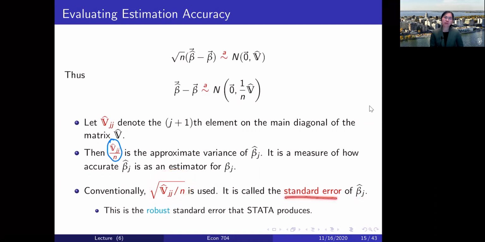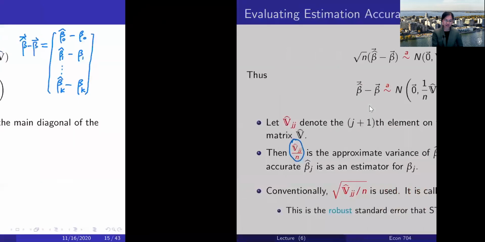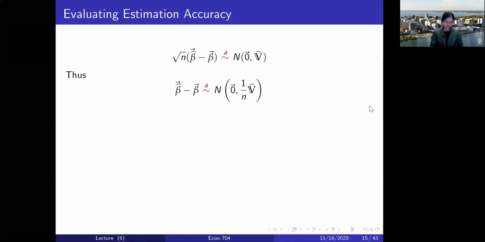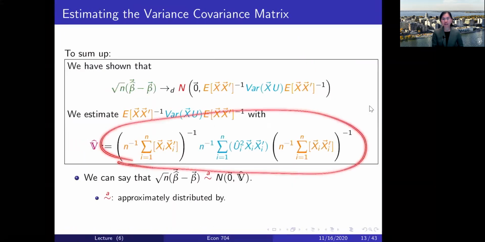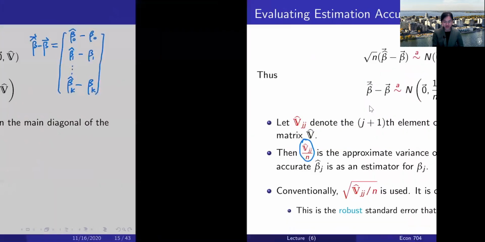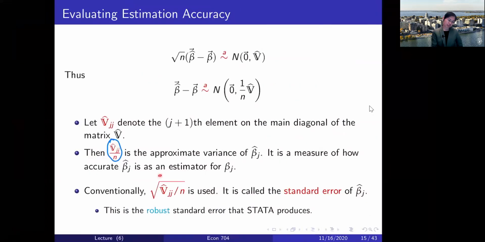As we learned before the midterm, there can be different standard errors for beta hat depending on which approximate variance formula we use for the estimator. Using this particular variance estimator defined here, we can calculate this approximate standard deviation for beta hat, and that is a standard error for beta hat.